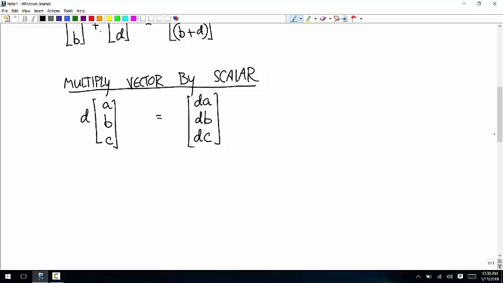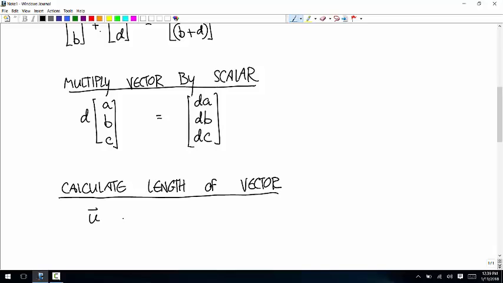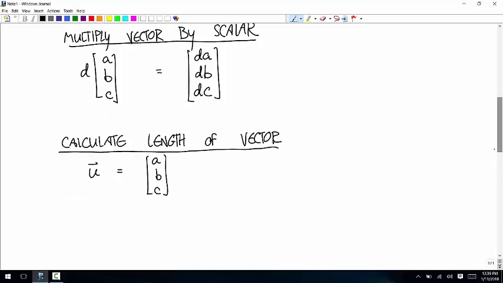A lot of times we're going to want to figure out the length of a vector where we have the components. So to calculate the length of a vector, if the vector is equal to A, B, C, the length of the vector, which we'll write as an absolute value of the vector, is equal to the square root of A squared plus B squared plus C squared.